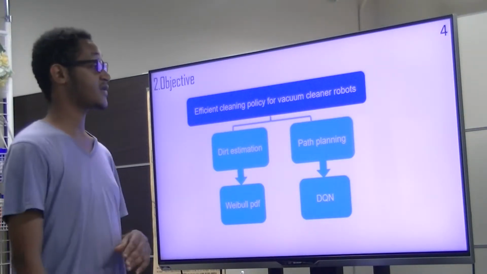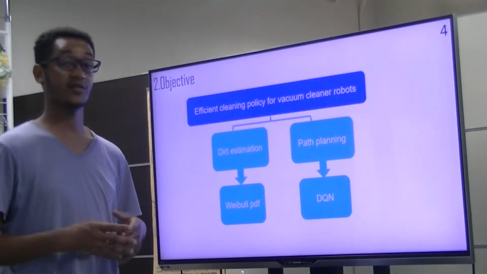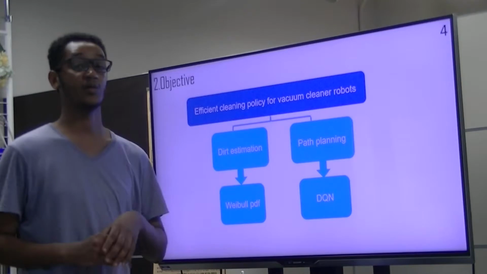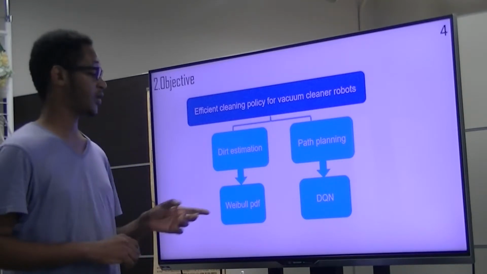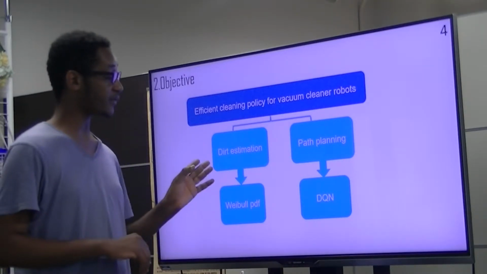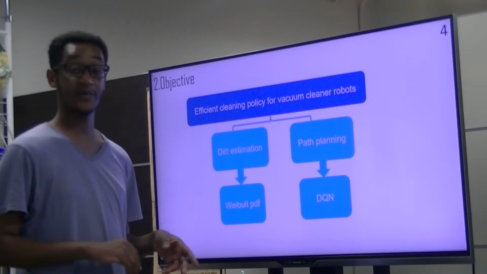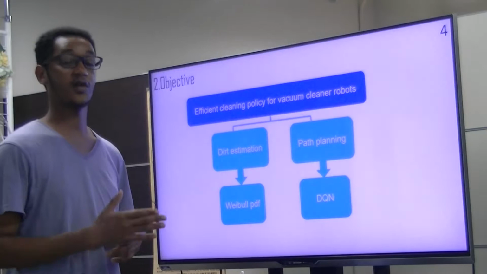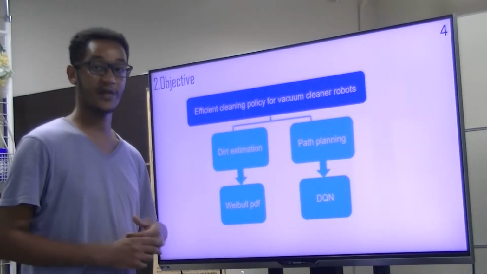So in this research, in order to get a very good performance of the cleaning operation, we first estimate a dirt map of the room with a variable distribution. And with that dirt map, we search for a path for the robot to follow in order to clean the room very quickly.